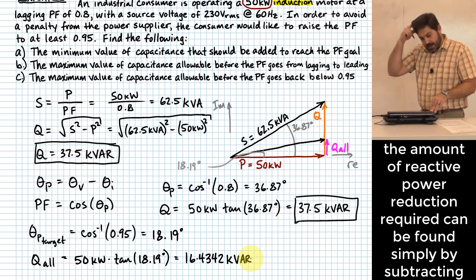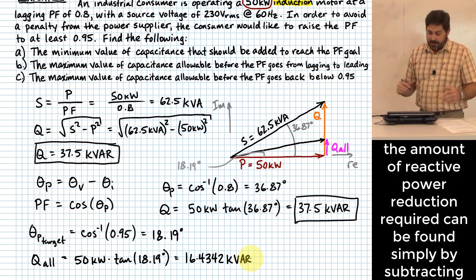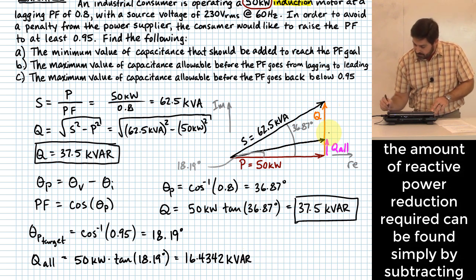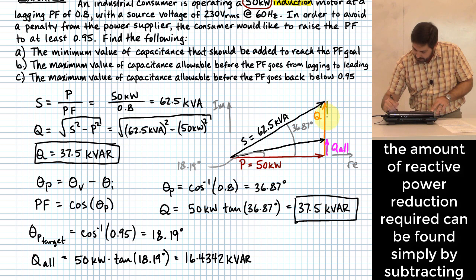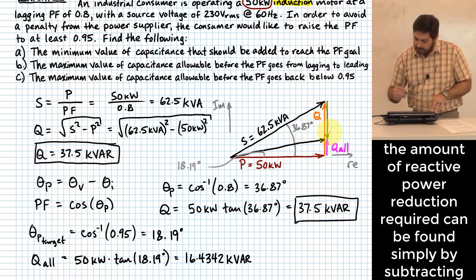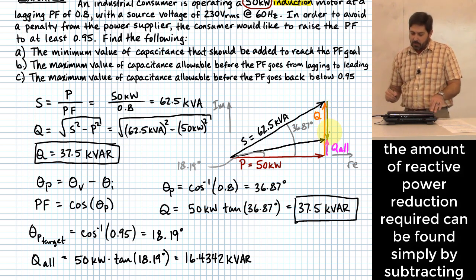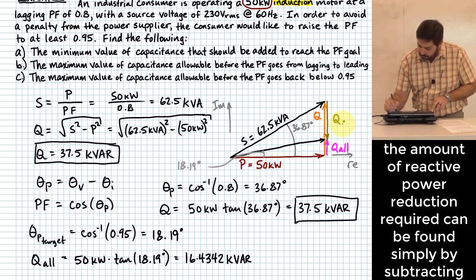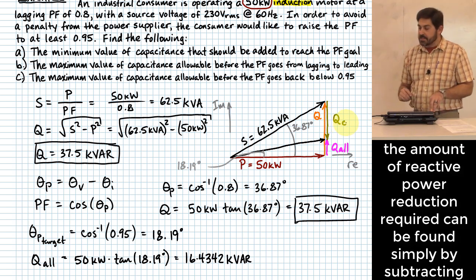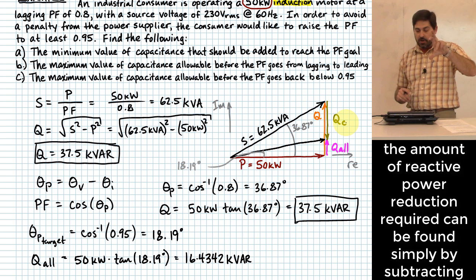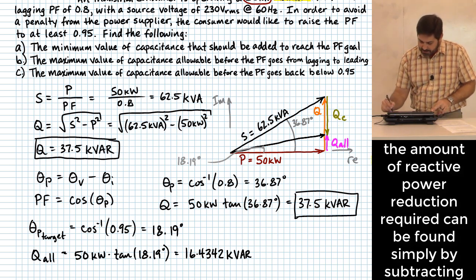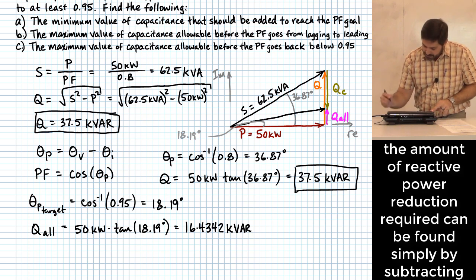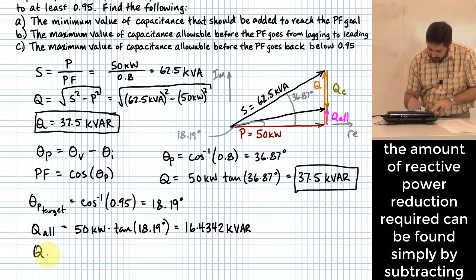Well, now that I know that, I can figure out how much I need to reduce this reactive power to hit that goal, right? I need to reduce whatever my original amount of reactive power was, and I call that Q sub C. And since these are both measured entirely along the same line, right? They're both measured in the imaginary direction right there. What that means is that I can figure out what that Q sub C value is.